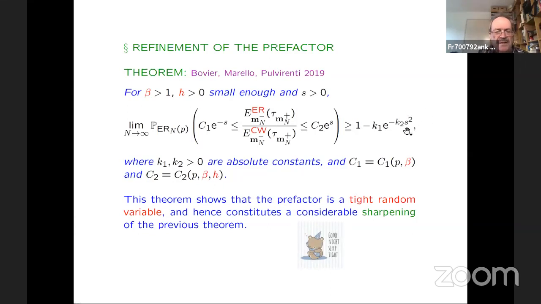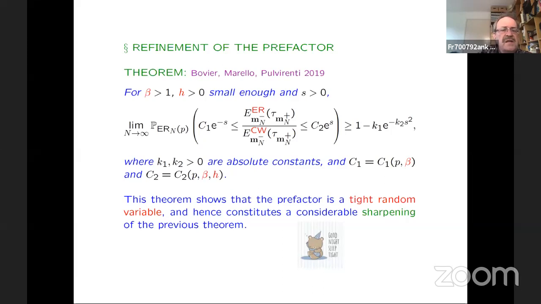So it was a clear estimate of what this prefactor could do, and it comes with absolute constants. There are certain constants that are not so easy to compute, but they're nevertheless computable. And so this theorem is a considerable sharpening of what Oliver and I did, because it shows that this prefactor is tight. It's not going to move to infinity as n tends to infinity.